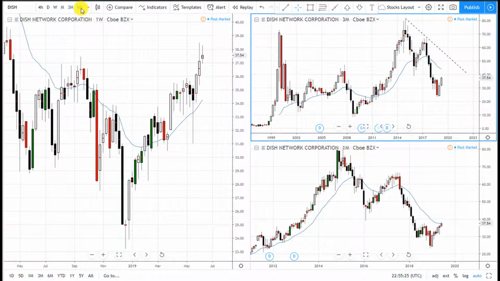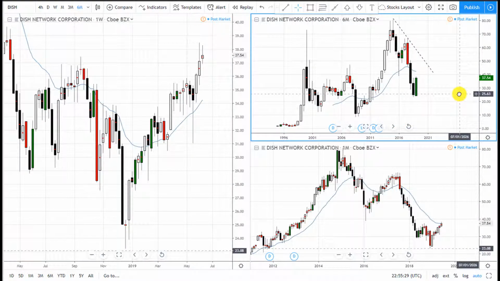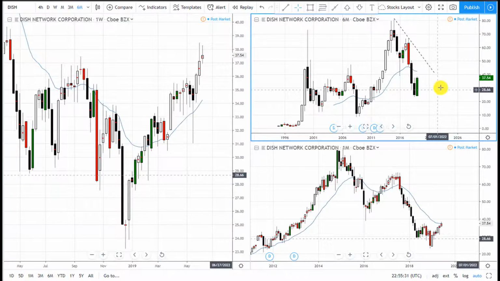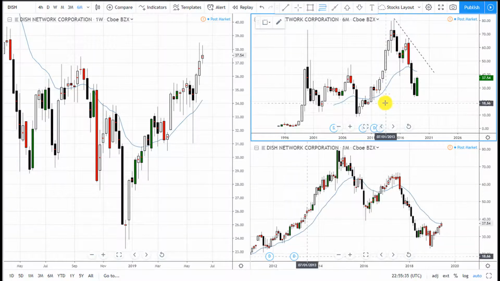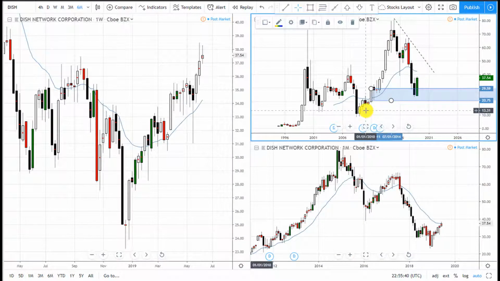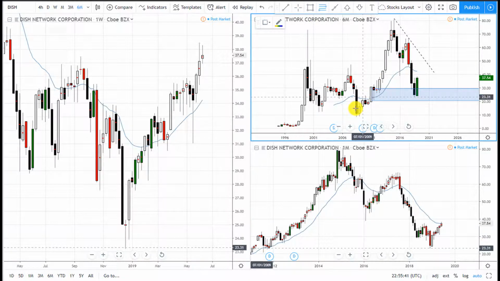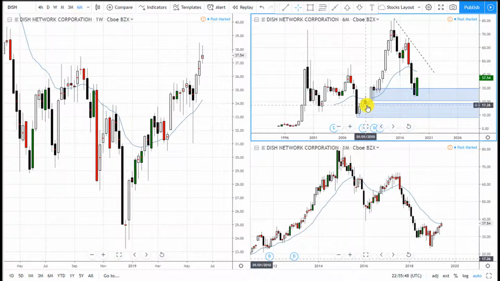Let's take a look at the 6 month. So looks like on the 6 month, this could be demand, because demand could be right here and down here, just because this is the start of this rally, so that's demand.